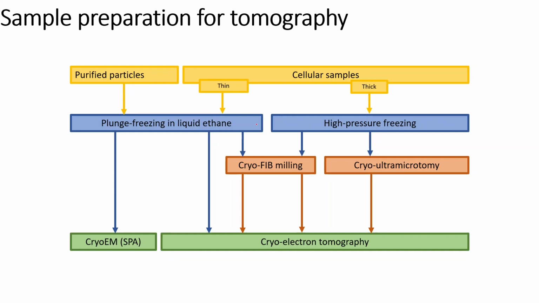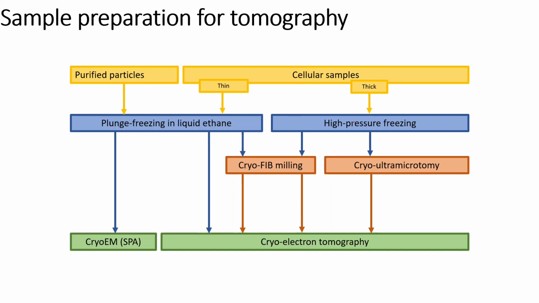or we can also plunge freeze them, because they are thin enough for plunge freezing, and then use cryo FIB milling in the SEM microscope to thin them more, to make them more electron transparent, for example creating a lamella. If we have very thick cellular samples, like tissues or thick cells, we cannot plunge freeze them in liquid ethane, because that would lead to devitrified, non-vitrified ice that's crystalline.